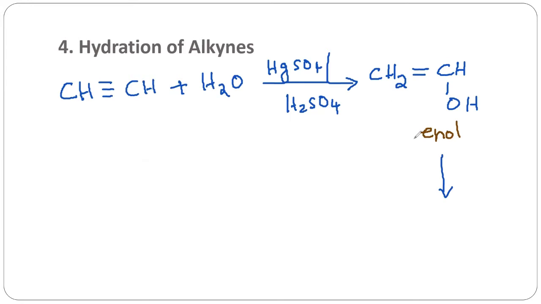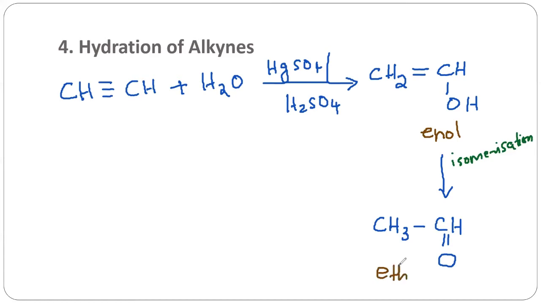Now the enol will undergo isomerization, and the product in this case will be an aldehyde, CH3 single bond CH double bond O. This is nothing but your ethanal. So ethyne on hydration will give ethanal, an aldehyde.